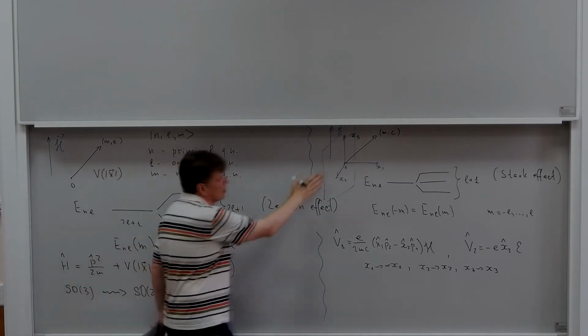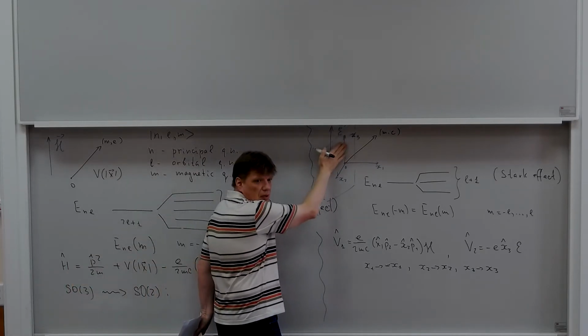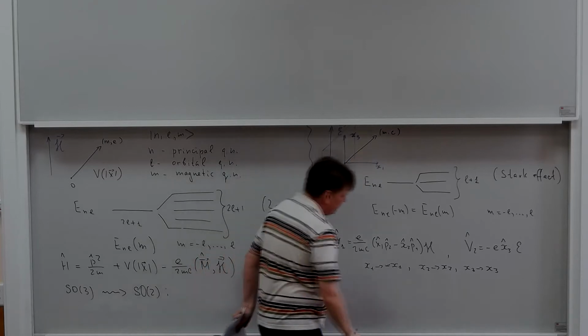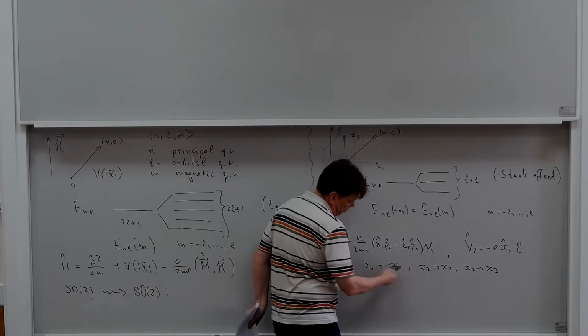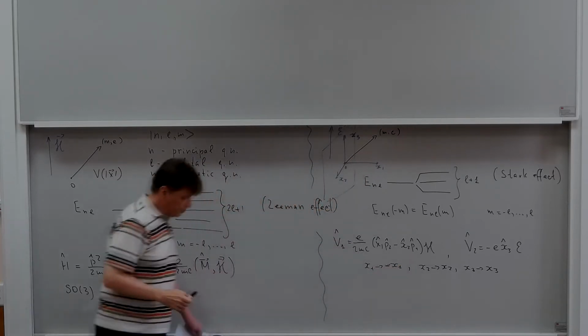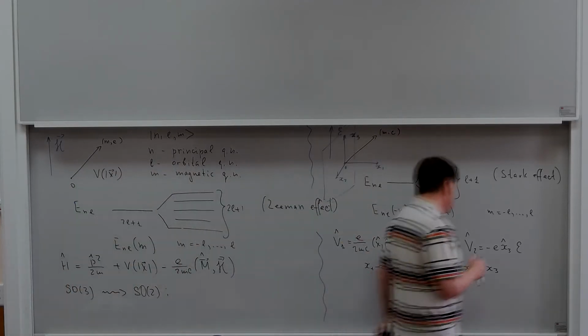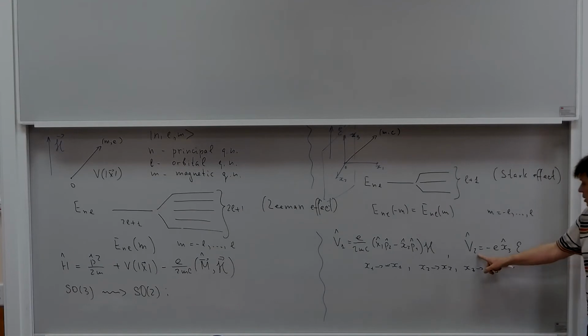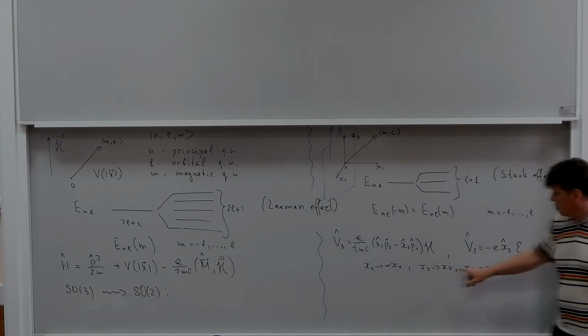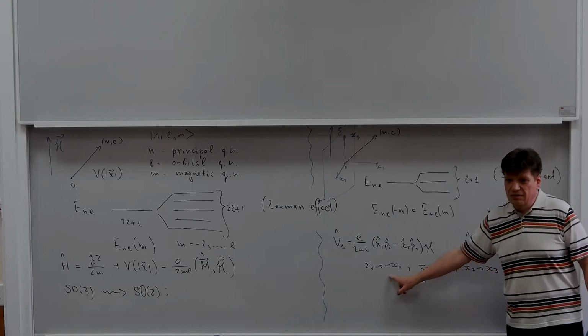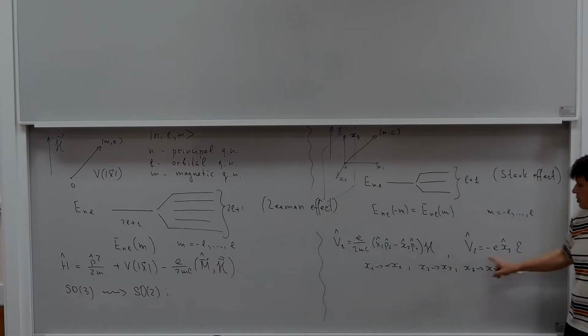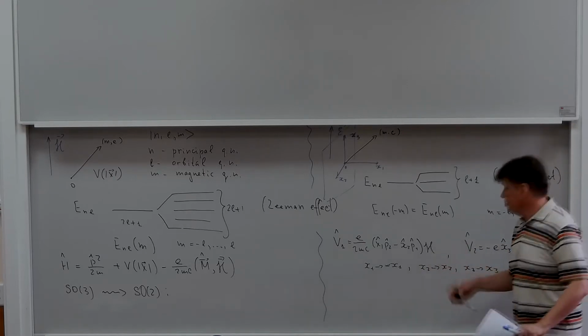We put here a mirror and get the reflection with respect to this mirror. And it is clear that the operator V2, being independent of x1, is invariant under this discrete transformation.